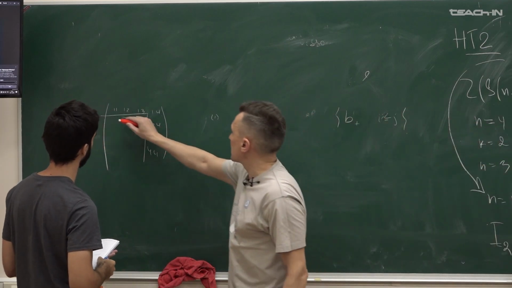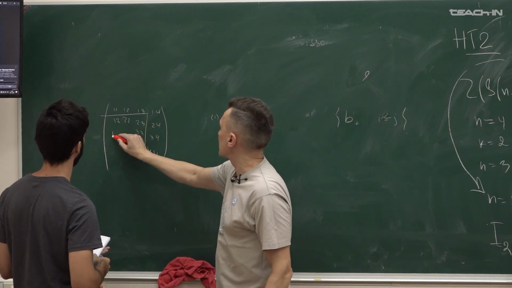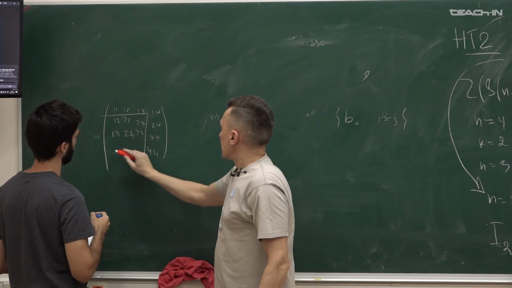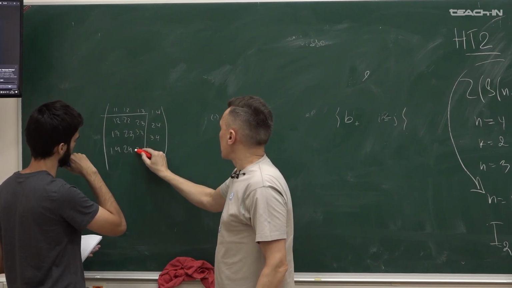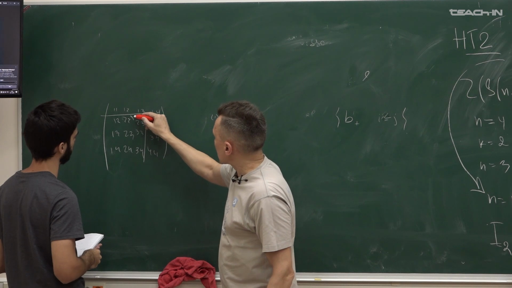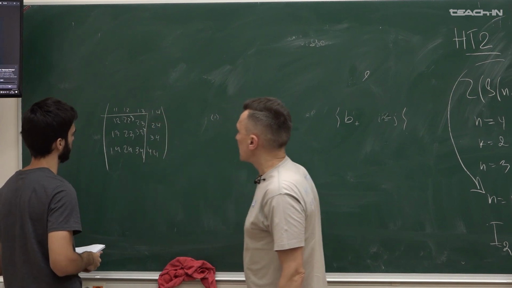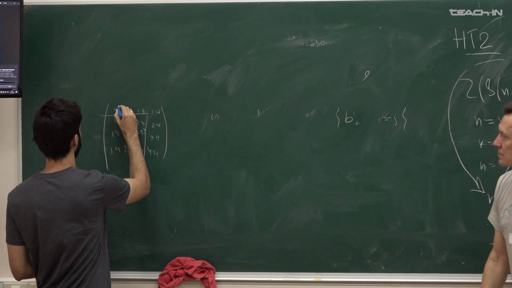So it's better to write all the elements: 1,4, 2,4, 3,4, minus lambda, yes?